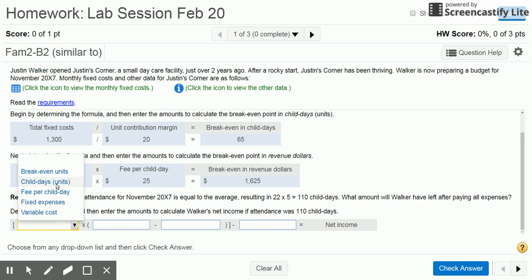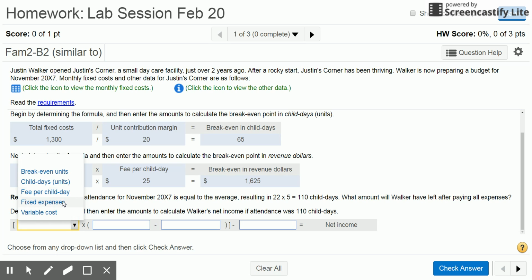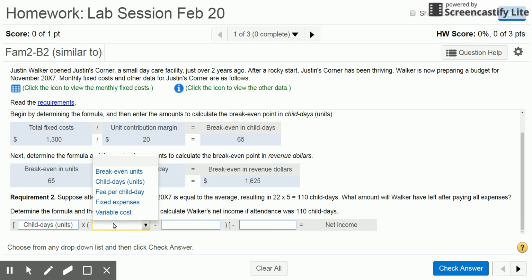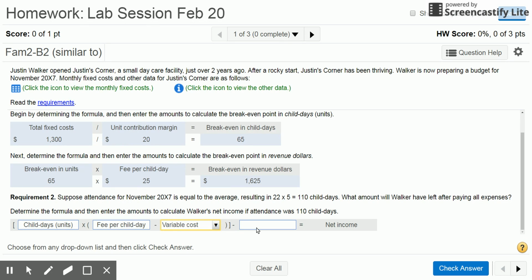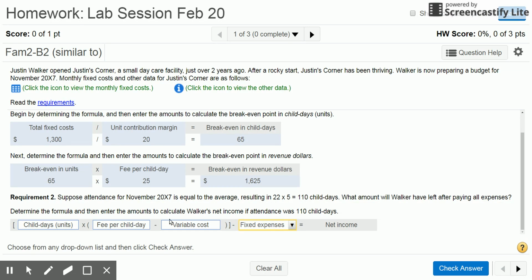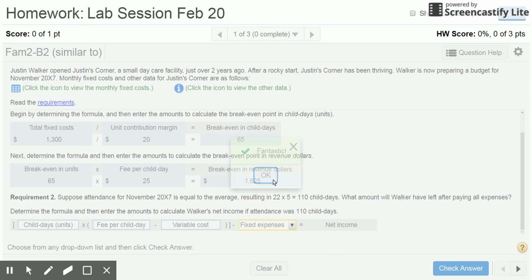So it will be the child days in unit that we have, then the fee that we are charging per child minus variable cost. And at the end, we are deducting the fixed expenses from the formula. So let's check our answers.